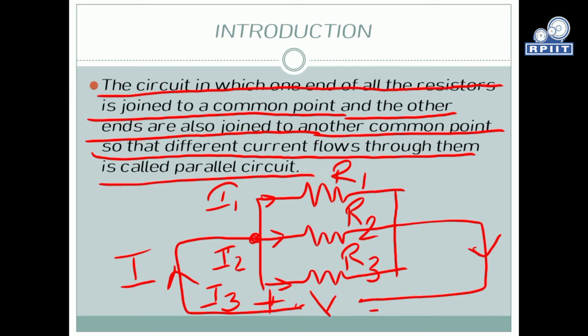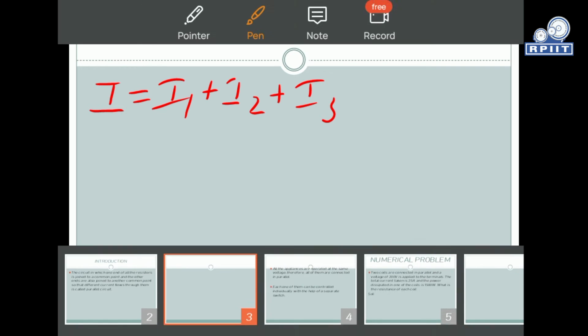So the currents flowing through them are I1, I2 and I3. Now the total current drawn by the circuit is I equal to I1 plus I2 plus I3.